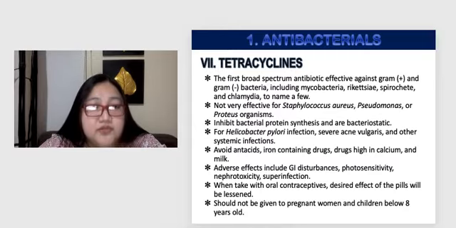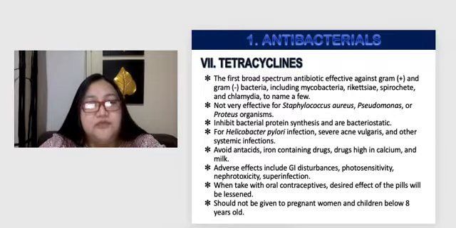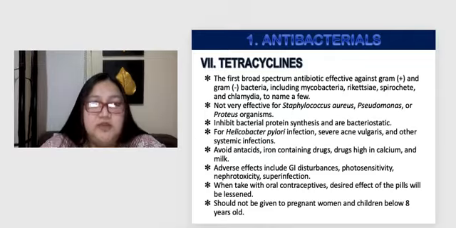And sa third trimester ng pregnancy naman, kasama ng mga bata below 8 years old, if they take tetracycline, it can cause permanent teeth discoloration. Okay? It irreversibly colors the permanent teeth. So, avoid in women in the third trimester and children below 8 years old.